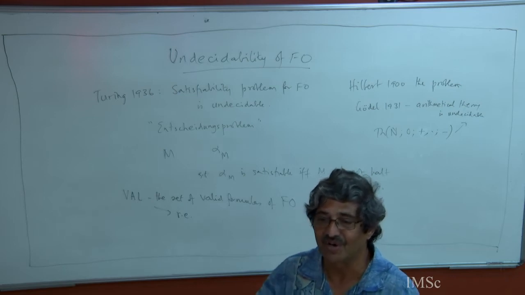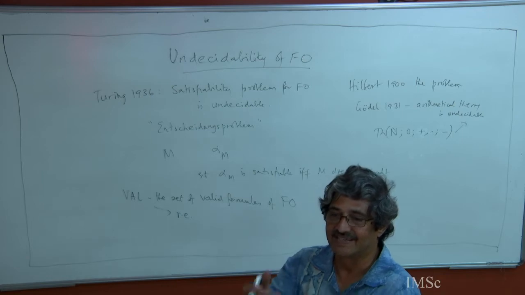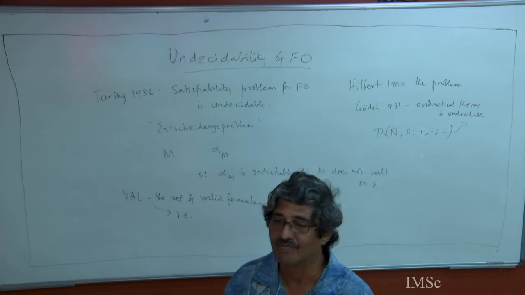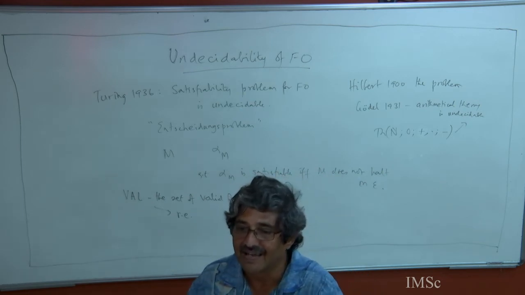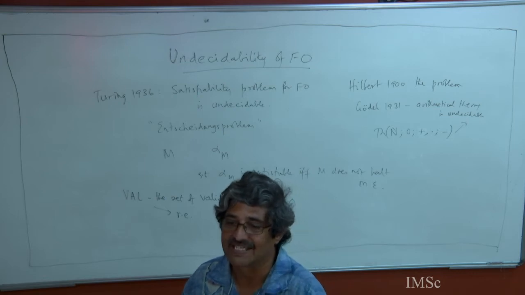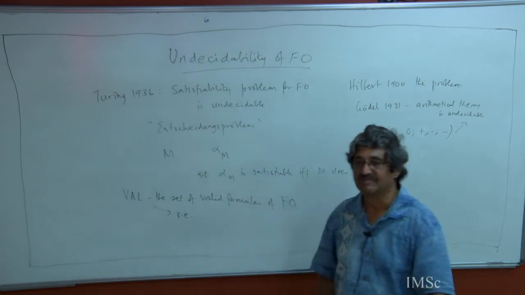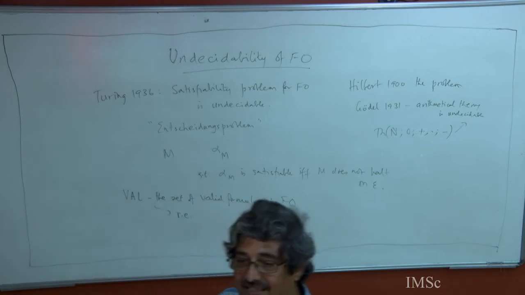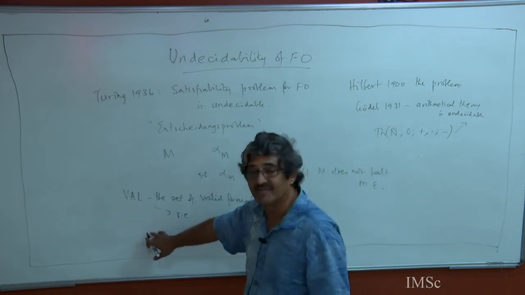So the theorems of the Hilbert system can be churned out. There is a Turing machine which, you have the axiom system, and you have only one inference rule that we had, right? You remember? And given any finite sequence of formulas, it can check that it's a proof, right? So just enumerate all the formulas and check if it has a proof. So that's easy. Just churn out all the proofs. So this is recursively enumerable.